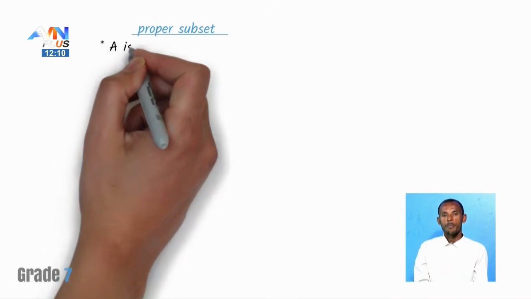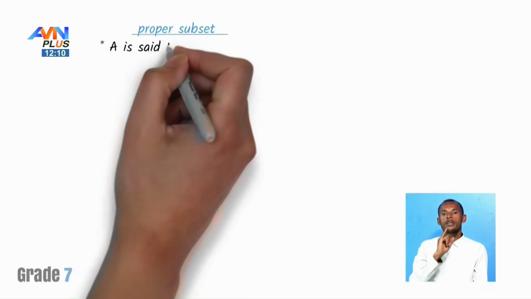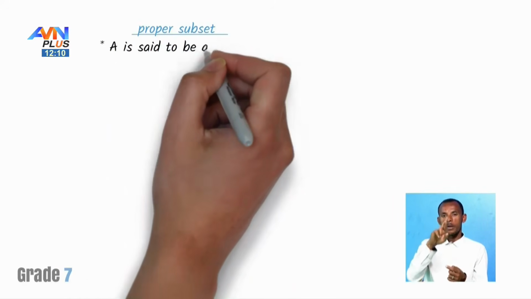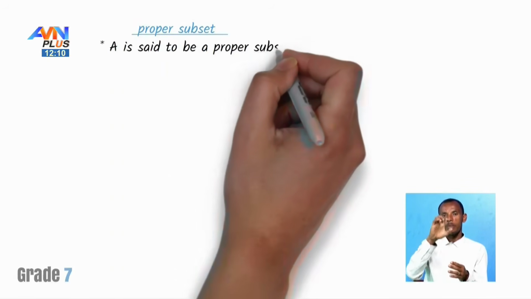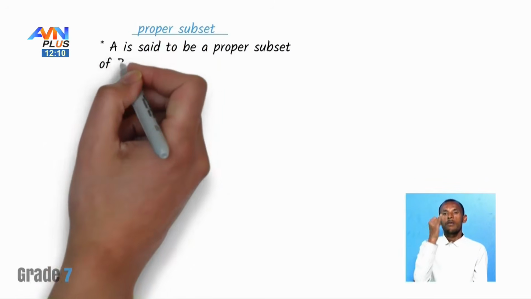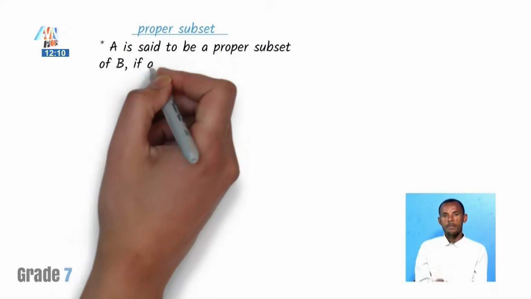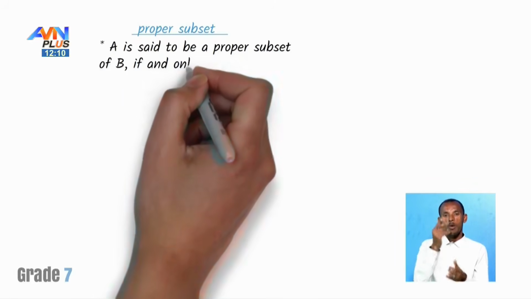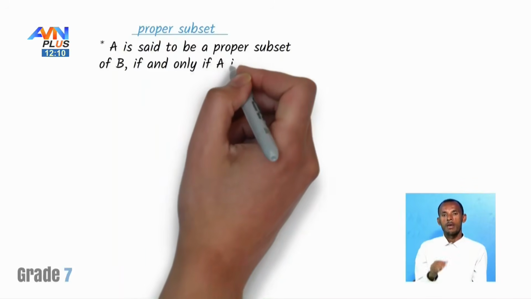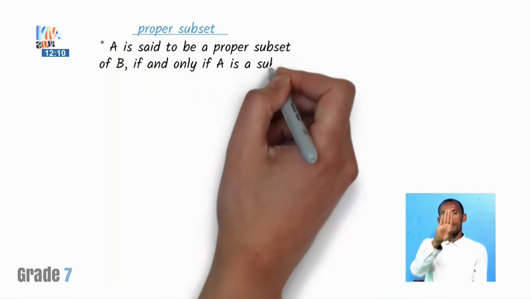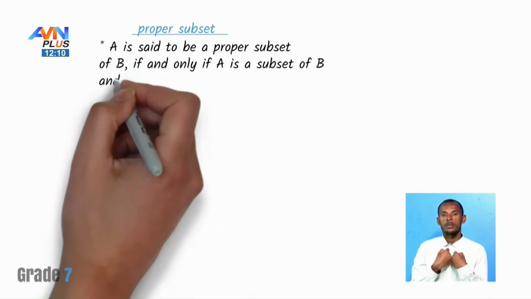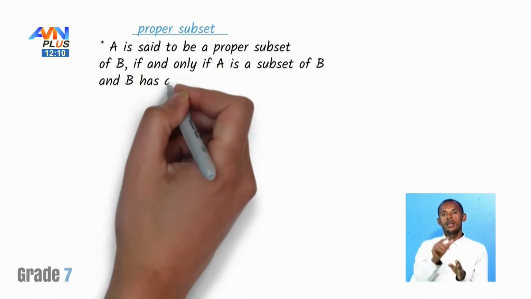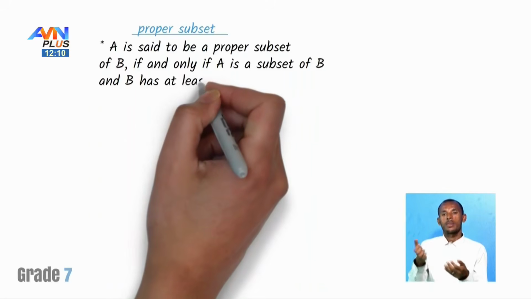A is said to be a proper subset of B if and only if A is a subset of B and B has at least one more element. At least one more element.